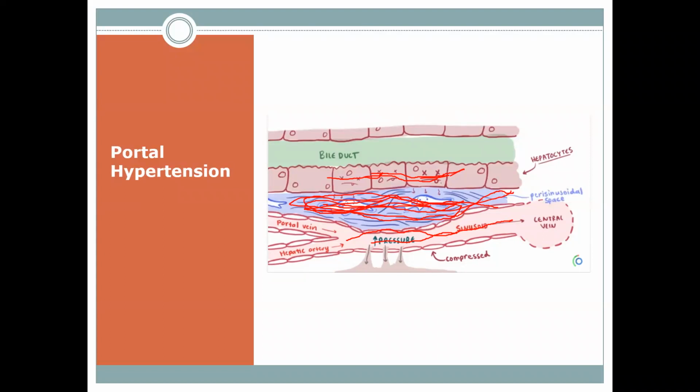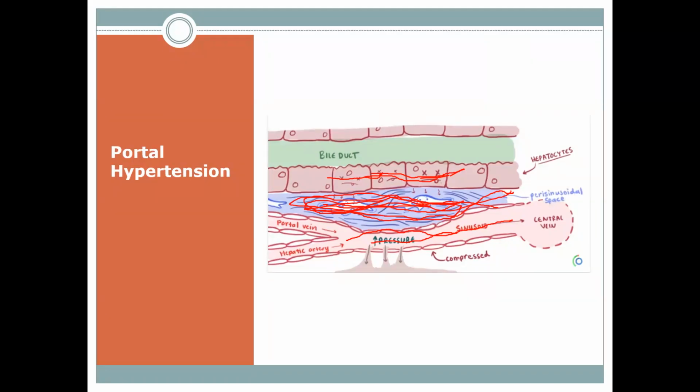At the same time, these cells that have been laid in the perisinusoidal space have what you call a myofibroblastic ability, so they are able to contract.